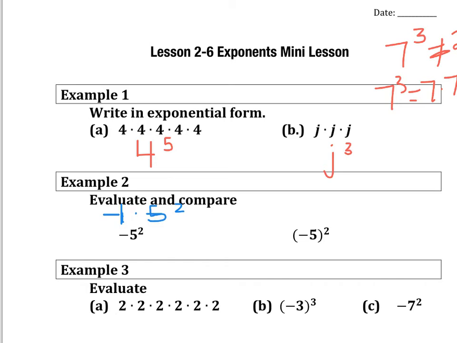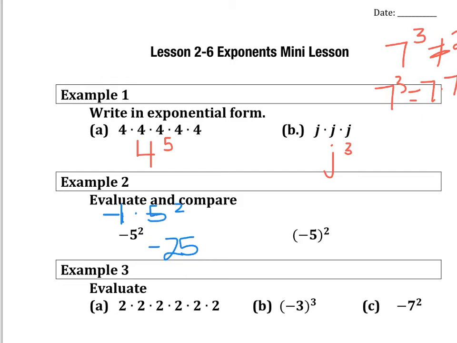So in this case, it's really going to be negative 25. 5 squared itself is 25, then times negative 1 at the end is negative 25. So the negative is not part of the base, it's on its own. So you use order of operations, you square your 5, and then you make it negative at the end.